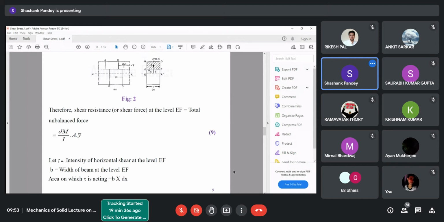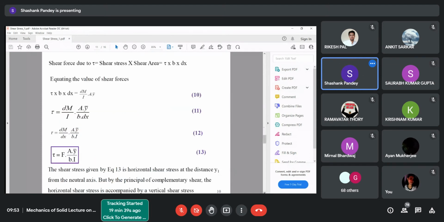So the net unbalanced force will be tau into B into dx, and on rearranging we get tau equal to dM by I, A y, upon B dx. We know dM by dx is nothing but the shear force F, so tau is equal to F into A into y bar upon I B. This is the value of the shear stress.